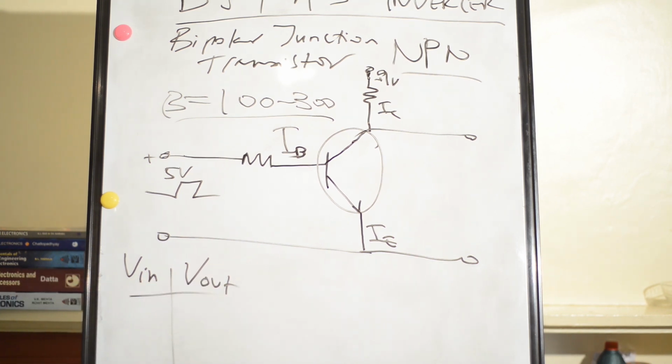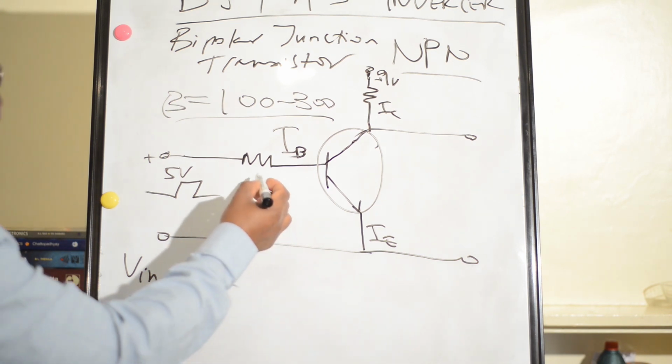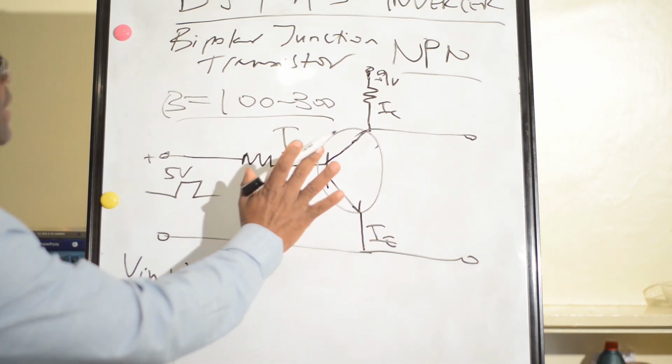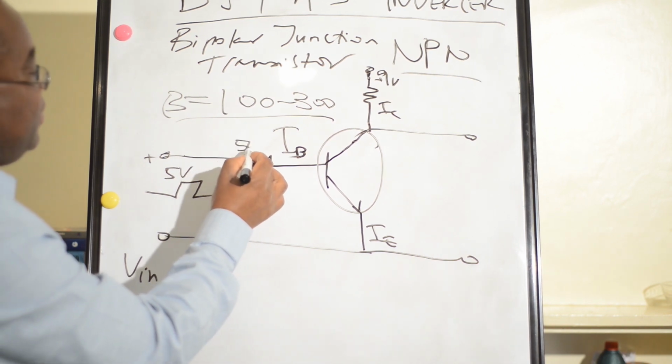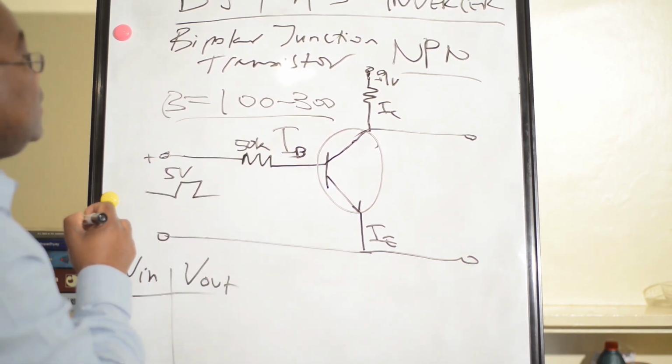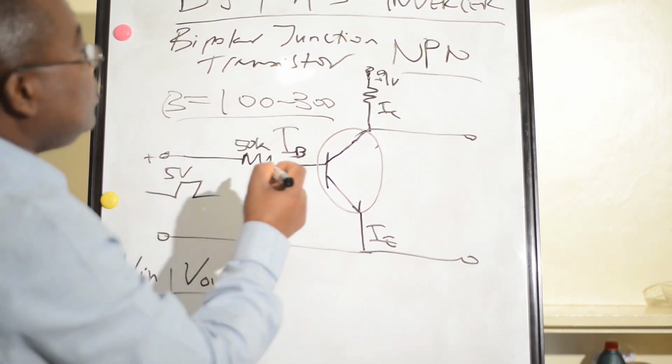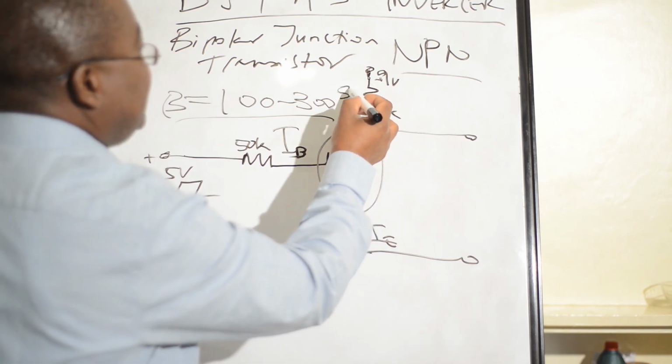Let's say we have a circuit of 50K here, and you have 50K here.